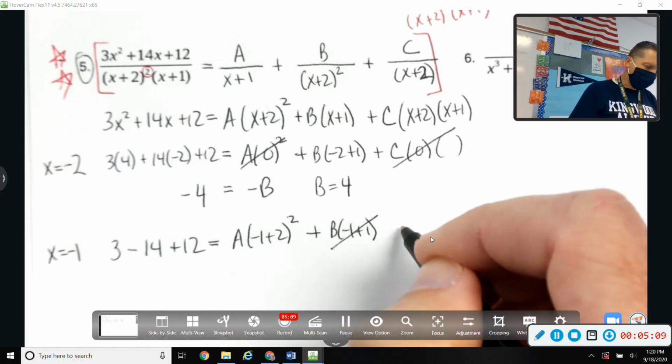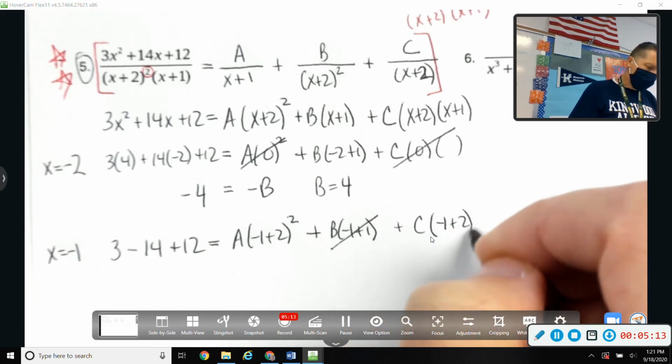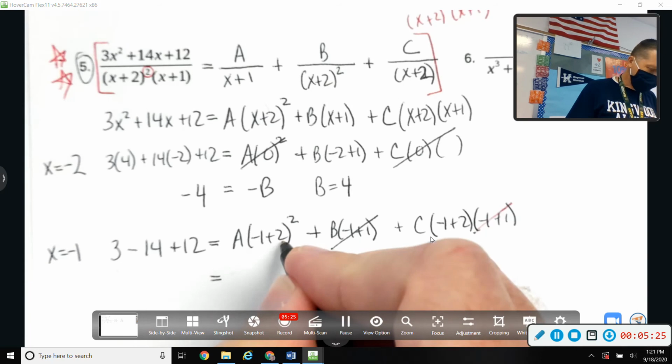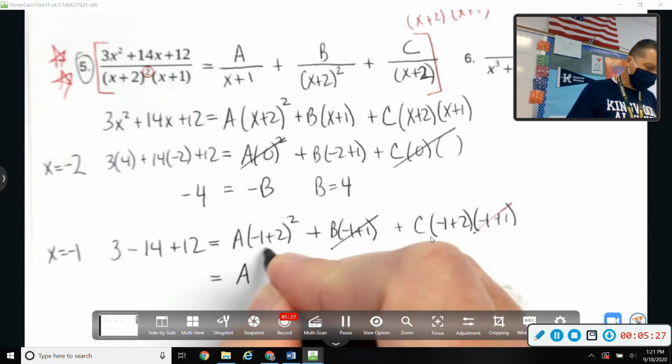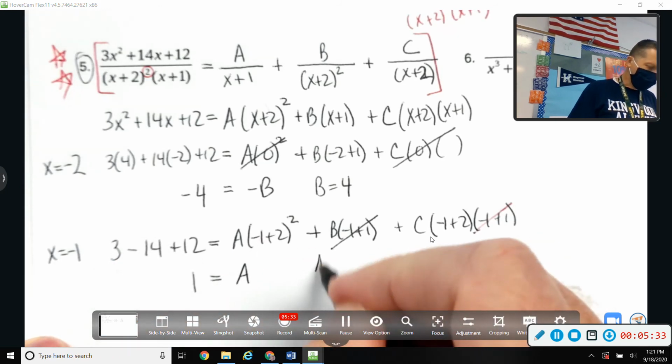Yep, B's gone. And C is gone as well because of that last term. So the only thing left is A times 1 equals 1. So A equals 1.